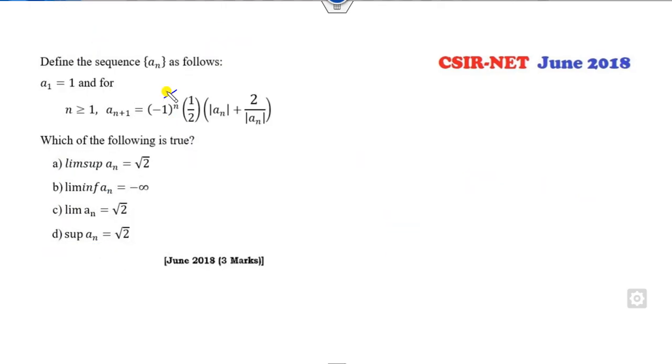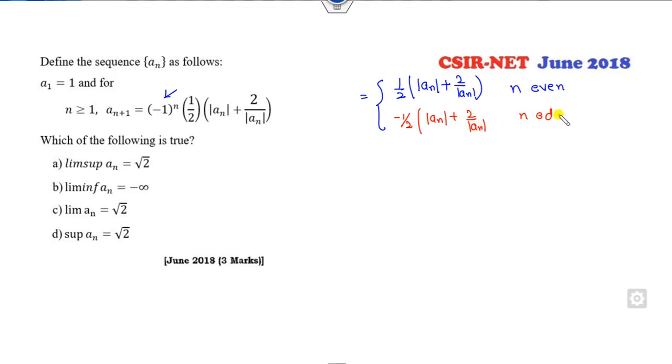Now again it's a -1, so I can write this as even and odd. When n is even, it is half a_n plus 2 over a_n. When n is odd, it is -half a_n plus 2 over a_n. When n is odd, this is a_{n+1}.